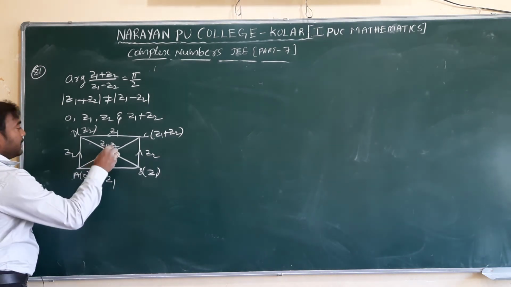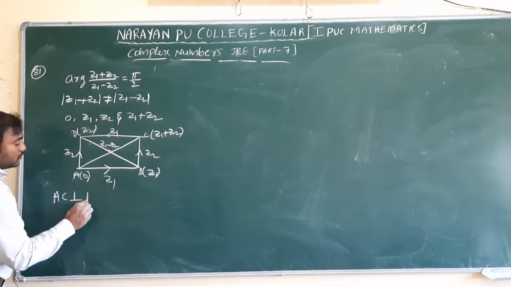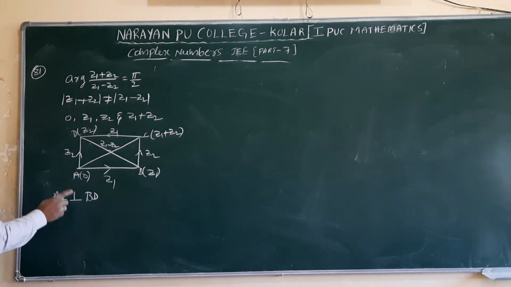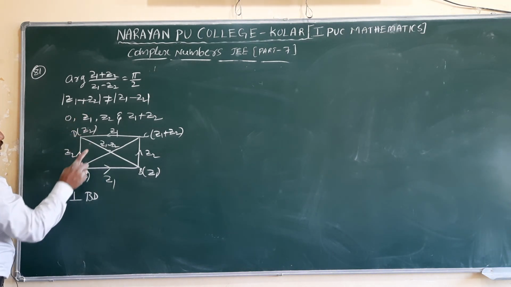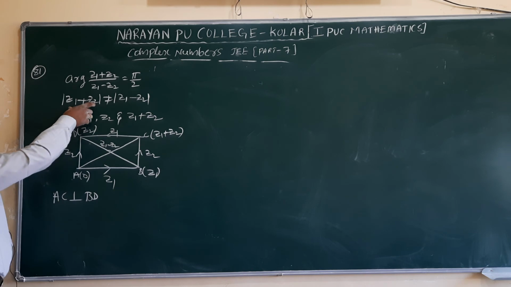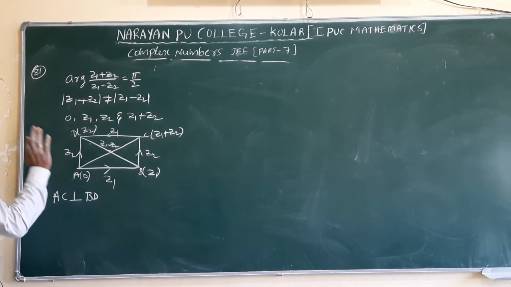The pi by 2 is nothing but that AC is perpendicular to BD, but AC is not equal to BD here, because they have given modulus of z1 plus z2 is not equal to modulus of z1 minus z2.